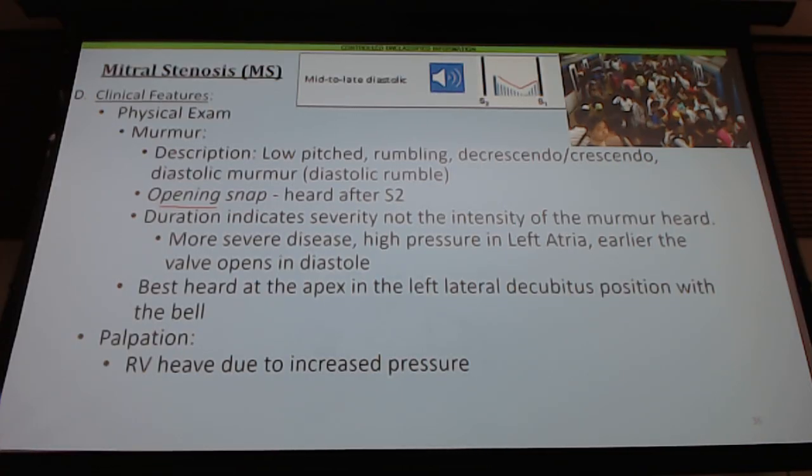So you're going to want to listen at the mitral auscultation site for this. It is best heard with a low frequency sound, so you're going to use the bell of the stethoscope. So it's low pitched, best heard with that bell of the stethoscope.